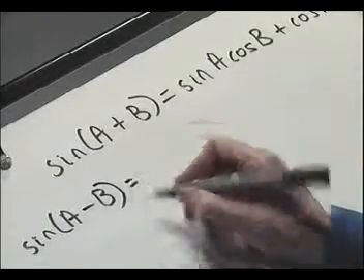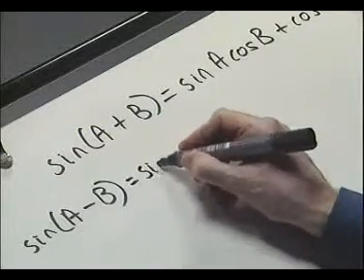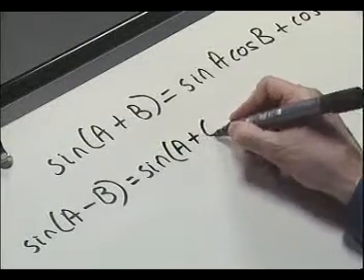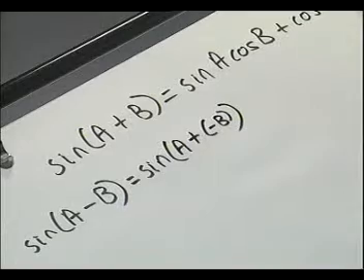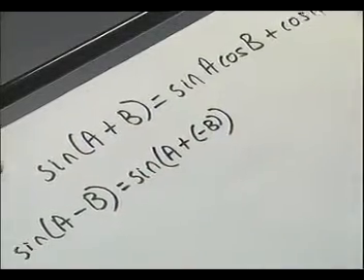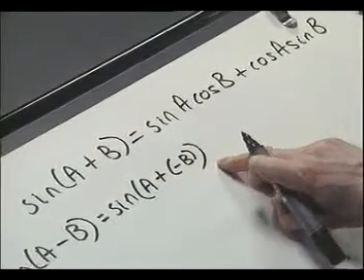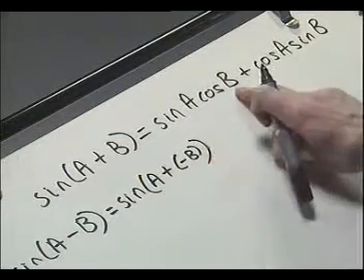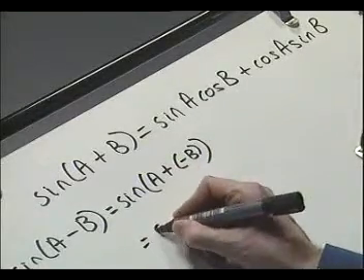So, what about the sine of A minus B? Well, let's just have a think about this minus B. It can be the sine of A plus minus B. And now, the formula that we had here can be exactly the same as for this one, but in this one we can replace B by minus B. So let's do that.